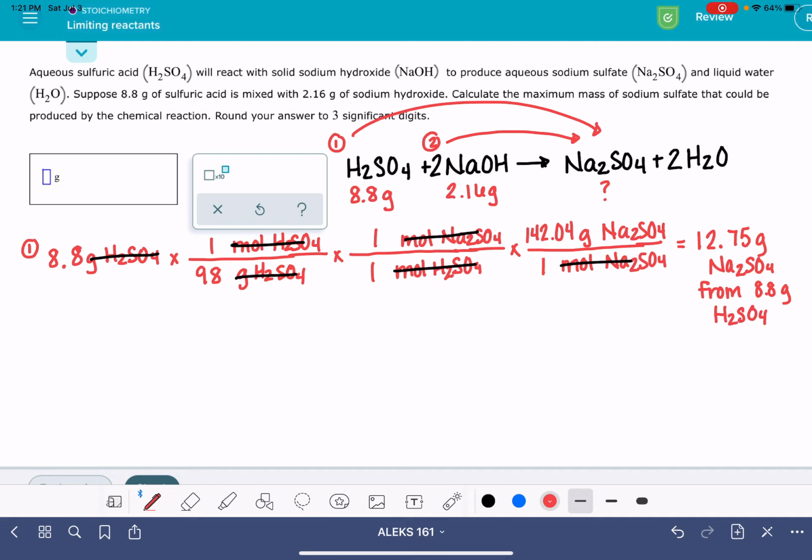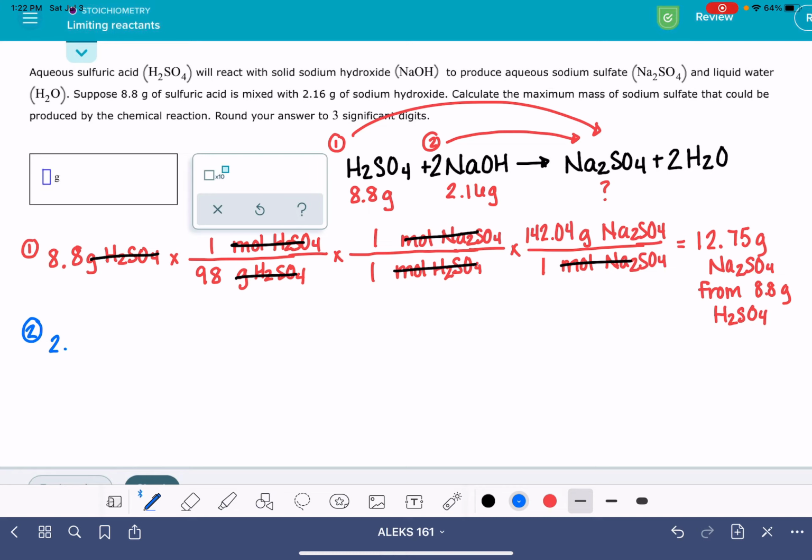Now, like I said, this is not a hard problem, it's a tedious problem. We have to do this calculation a second time. We have to repeat the calculation, this time starting with our 2.16 grams of sodium hydroxide and converting into a mass of Na2SO4. So tedious. We're going to basically do the exact same thing.